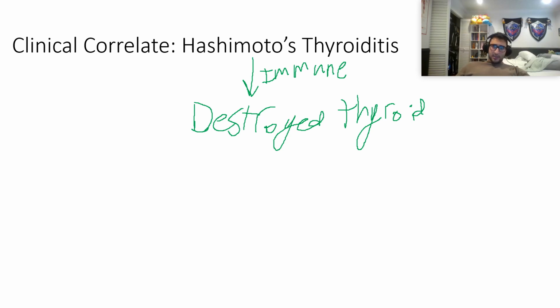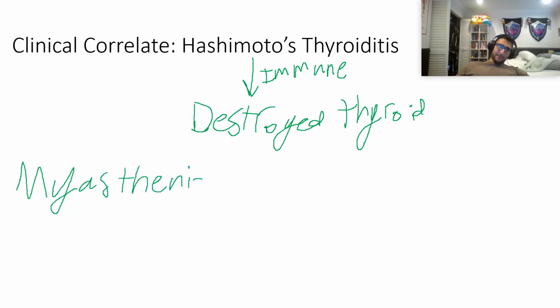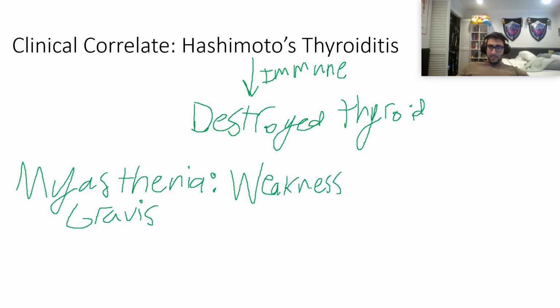Now, what can occur with Hashimoto's is myasthenia gravis, and we're not going to go into the pathophysiology of myasthenia gravis because it's beyond the scope right now, but what's going to be characteristic of it is weakness of muscle movements with repetition. Weakness of muscle movements with repetition is characteristic of myasthenia gravis, and it's because of autoantibodies against the acetylcholine receptor.